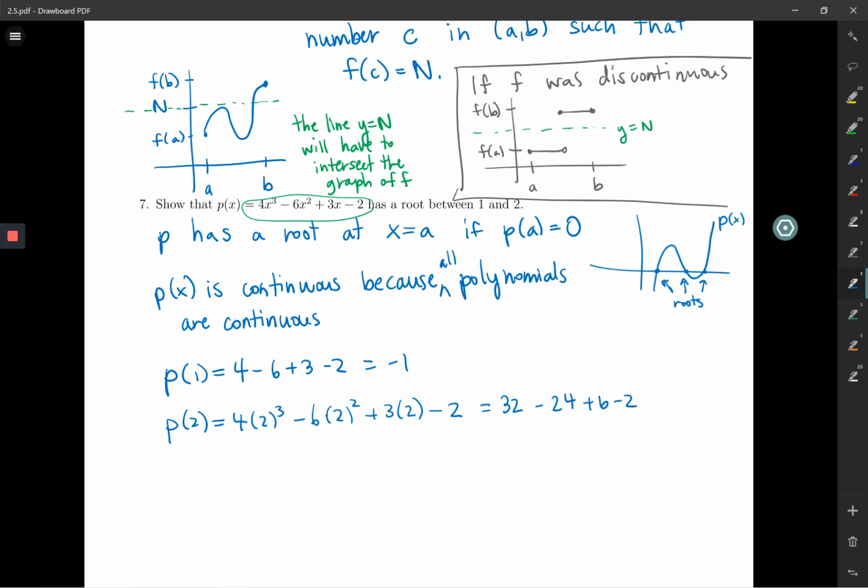Okay, so if you do this in your head, you would get 6 plus 6 minus 2. That's 10. Is that right? I don't know. My notes say 12, so let's see. That would be 8. Yeah, it is 12. Okay, well, in any case, it's a positive number, and p of 1 is a negative number.